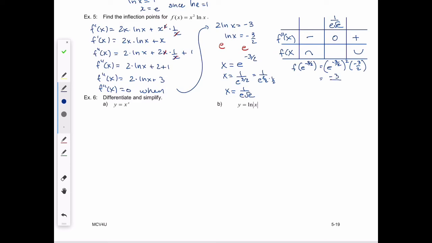That becomes a squared. That goes there. And it's going to become 2e to the exponent 3. So therefore, our inflection point is going to be 1 over e root e and negative 3 over 2e to the exponent 3. So let's put that in there. 2e to exponent 3.